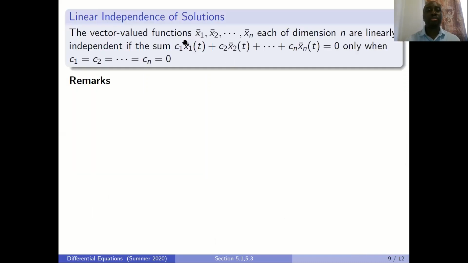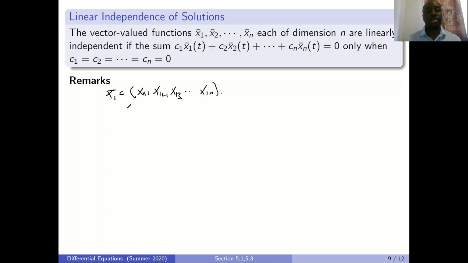Because being able to represent any solution of the linear system is the representation of the general solution. And so we need to think about what it means for solution vectors in this context to be linearly independent. Well, the definition is still the same. Now the elements of our vector space are themselves n-tuples. So each x bar 1 here is really x11, x12, x13, up to x1n. So it's a vector.